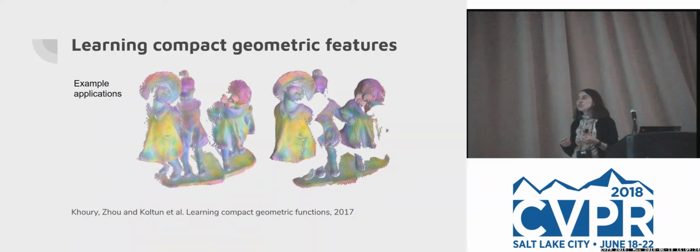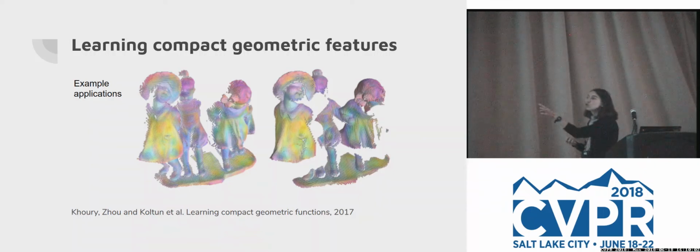And also another way to visualize what these features are actually doing, or whether they are semantic or anything like that. So what they did here is that they embed their feature representations in a three-dimensional space and then color-code it accordingly. They just wanted to see if similar colors correspond to similar shapes in these point clouds.